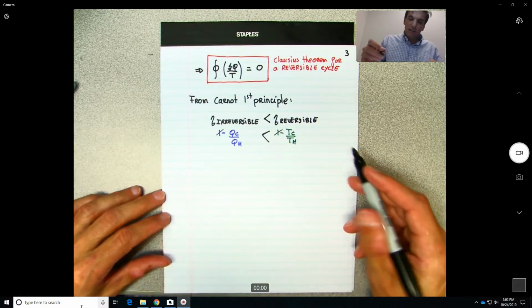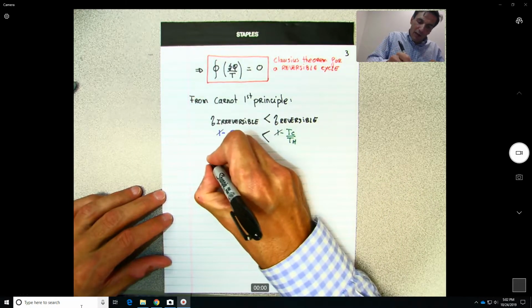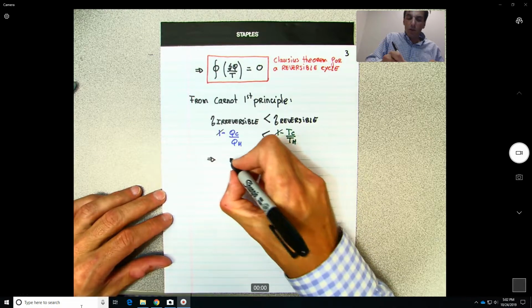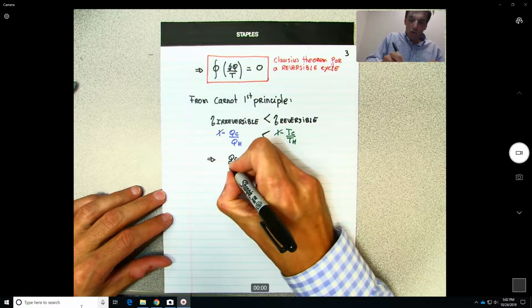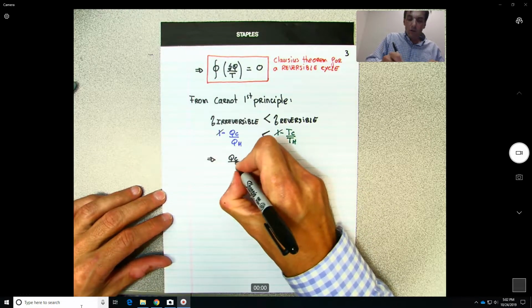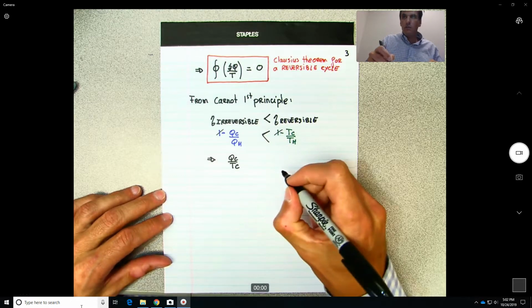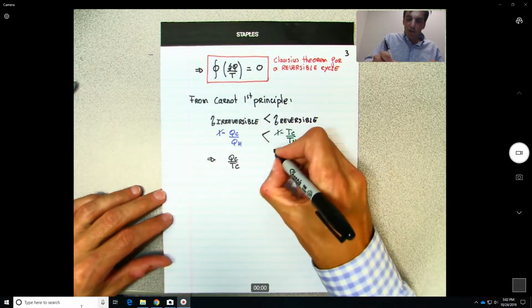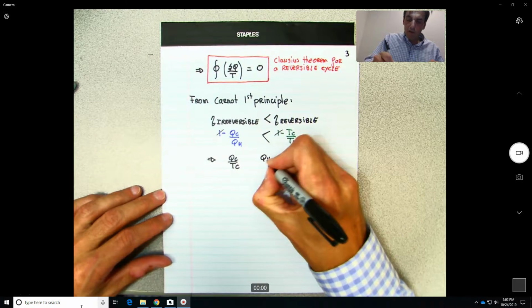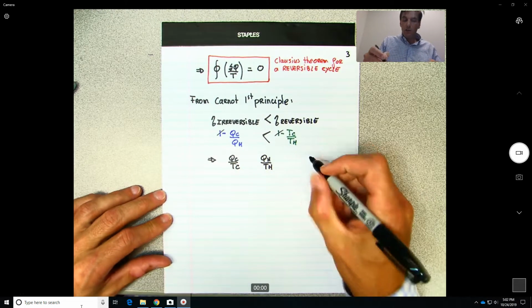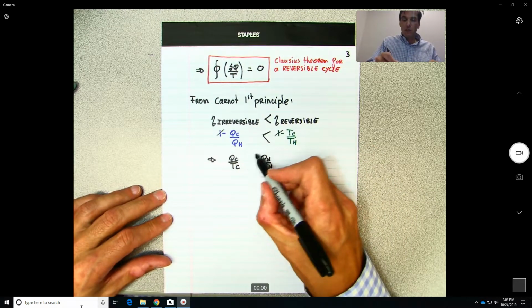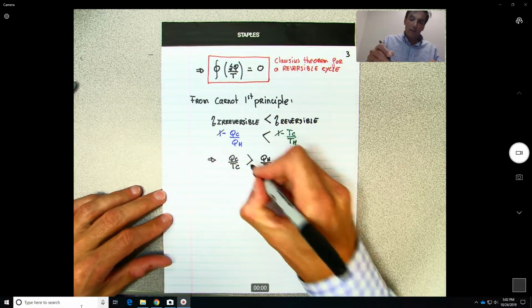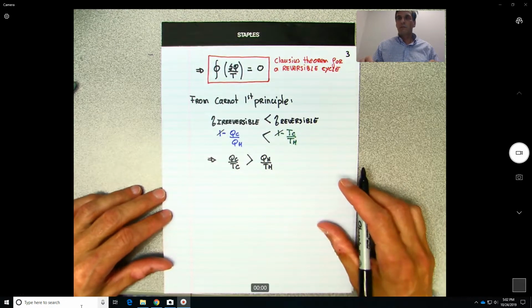So basically, we can rewrite Q cold over T cold on one side, and let's say we put on this side Q hot over T hot. If the sign needs to be this way, now we need to reverse it, so it will be this way. Okay?